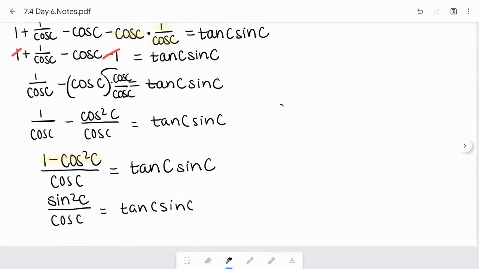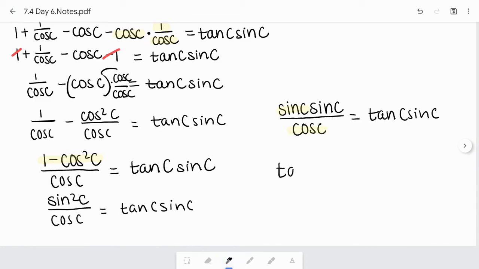So this is going to be sine of c times sine of c over cosine of c. Okay, now sine of c over cosine c is the same thing as tangent. So I do end up with tangent of c times sine of c, and that equals our right-hand side.